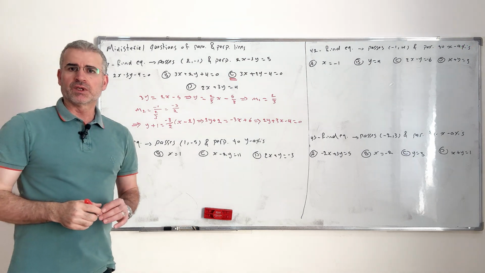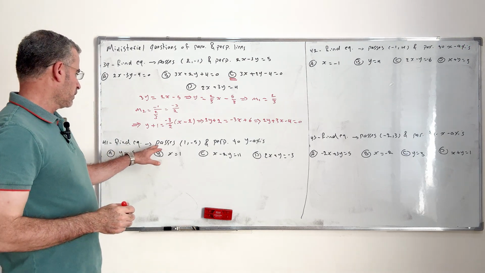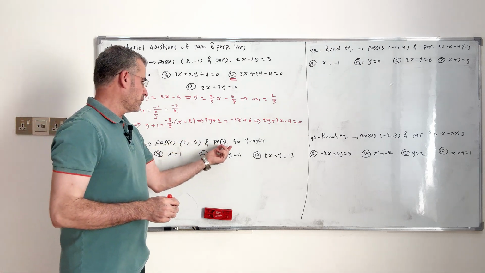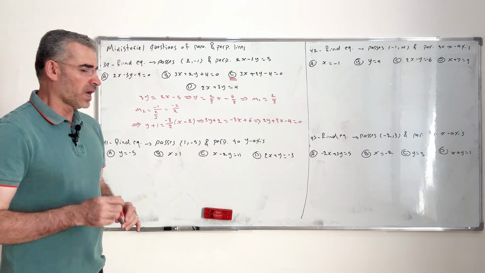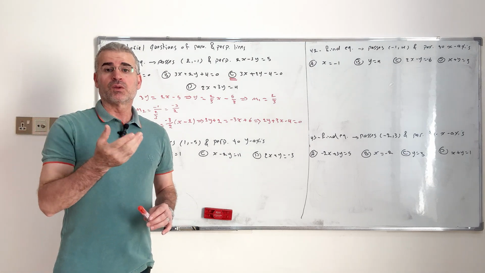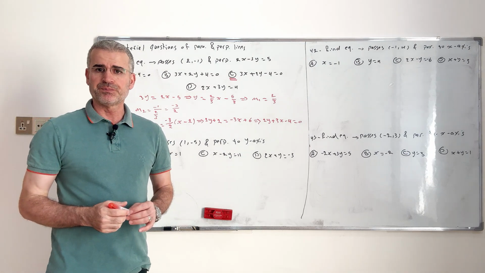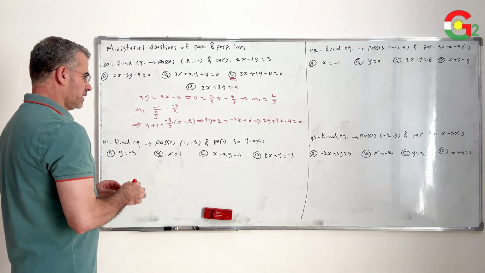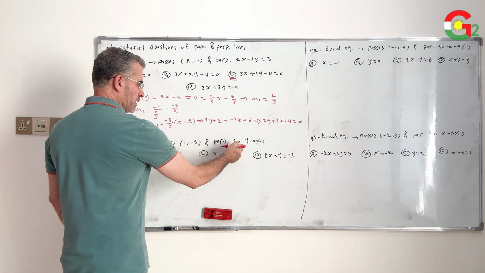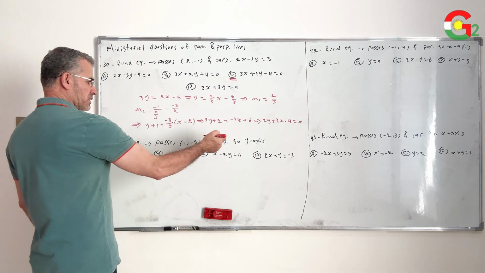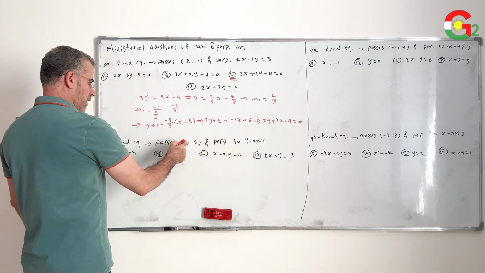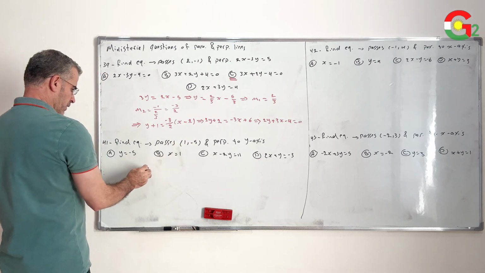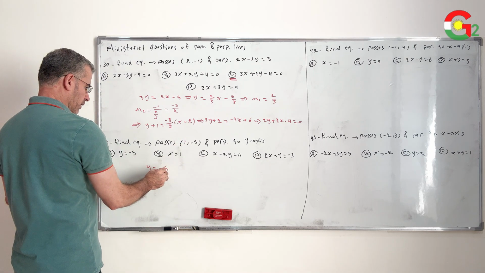Question number 41. Find the equation of the line that passes through the point (1, -5) and is perpendicular to the y-axis. Perpendicular to the y-axis, it is parallel to the x-axis, so its slope is 0. Since the slope is 0 and it passes through the point (1, -5), the equation is y = -5.